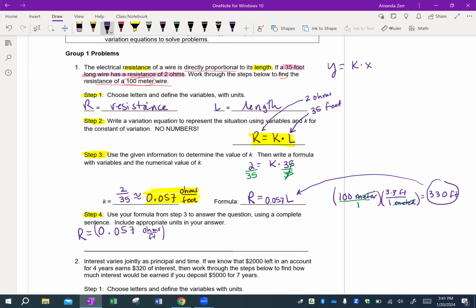So when I multiply that by 330 feet, my feet cancel and my units are just ohms, which makes sense. Okay, so now we get, see, so that is approximately 18.8 ohms.